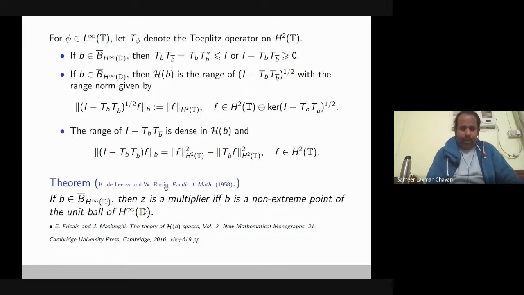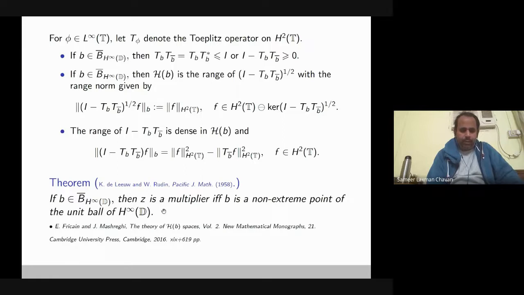Okay, and here is a known celebrated result due to Sarason and Walter Rudin, proved in 1958. So it says that z is a multiplier if and only if B is a non-extreme point of the unit ball. Okay, so non-extreme point means it doesn't lie on a line segment, roughly.